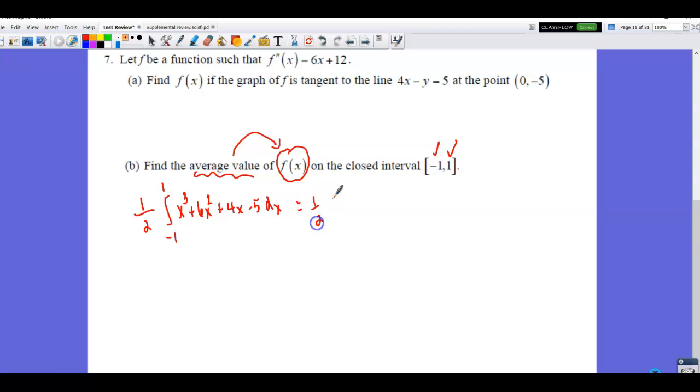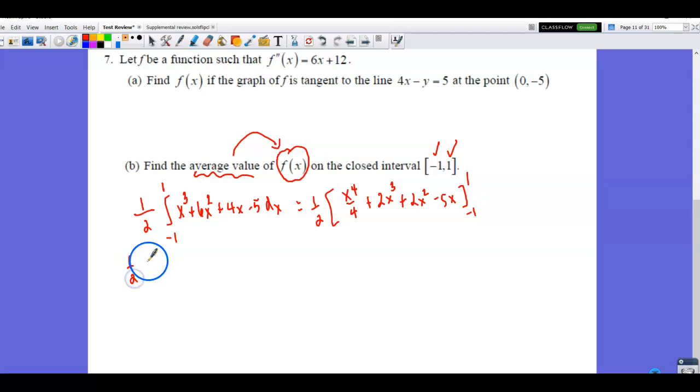Keep the 1/2. Find the antiderivative: x to the 4th over 4, plus 6x cubed over 3 will give me 2x cubed, and then 4x squared over 2 gives me 2x squared, minus 5x, evaluated from -1 to 1.